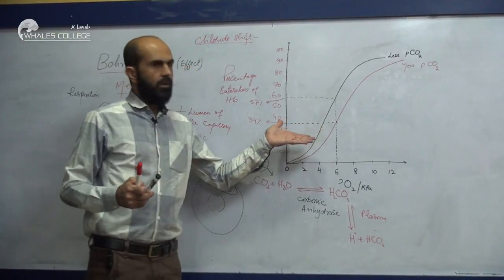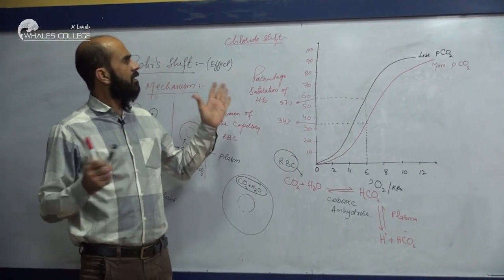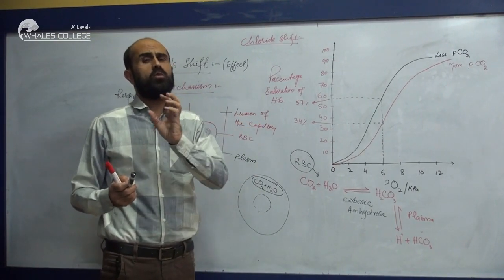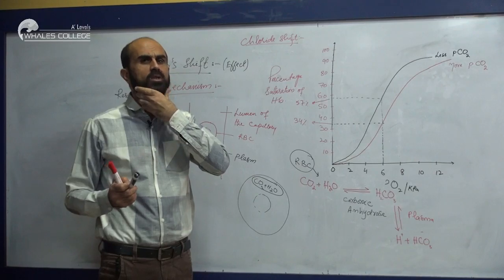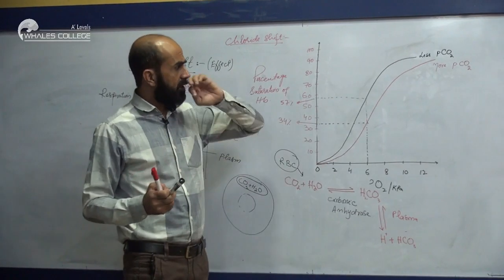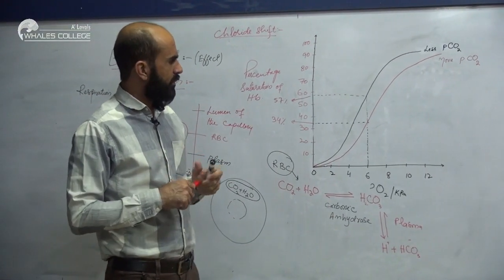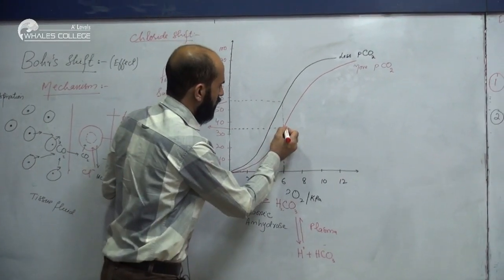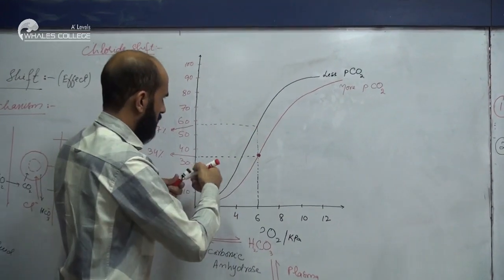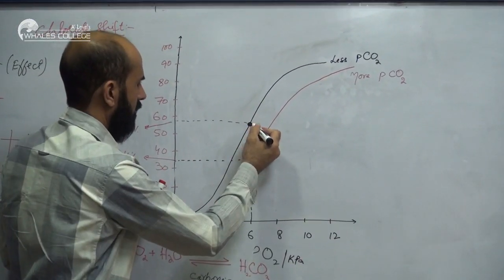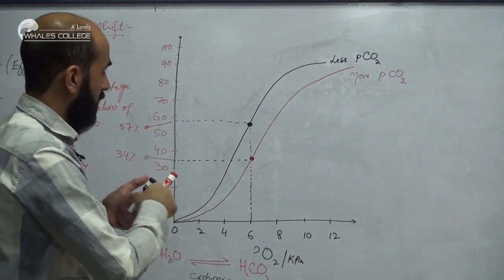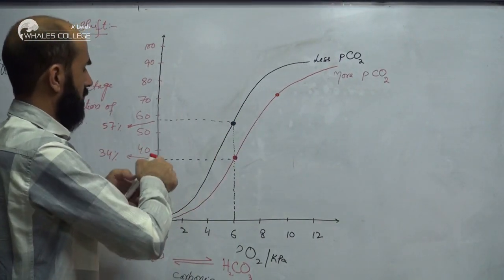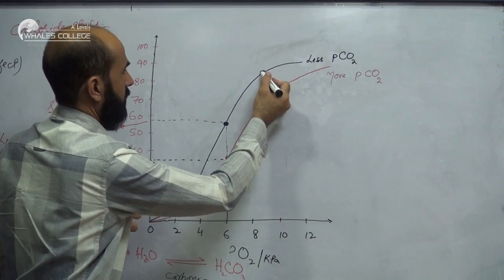We discussed the Bohr shift in detail, now I want to explain some examination questions from the point of view of past papers. Sometimes they give a graph with different points, like one point here, another here, and others here.